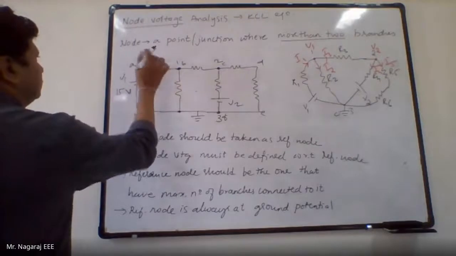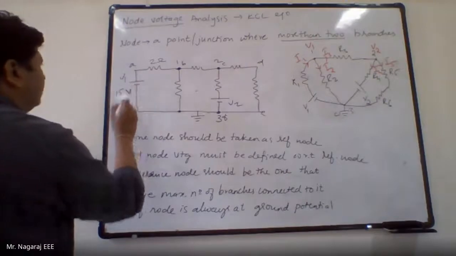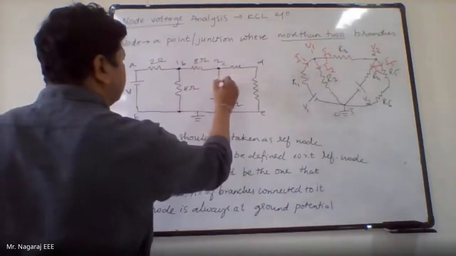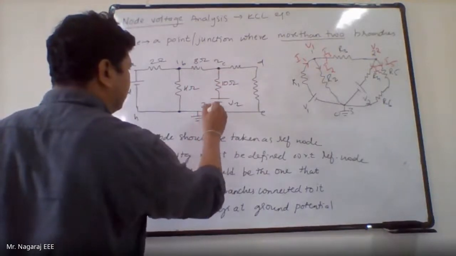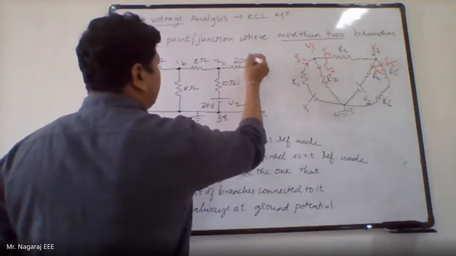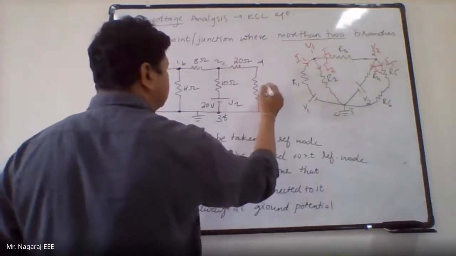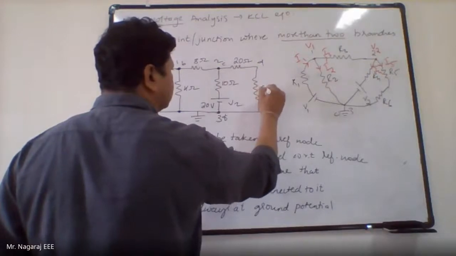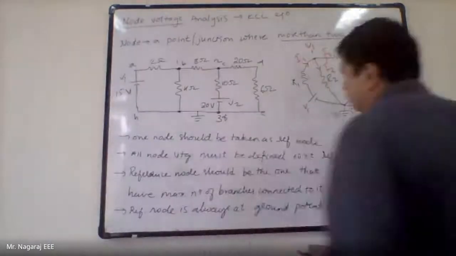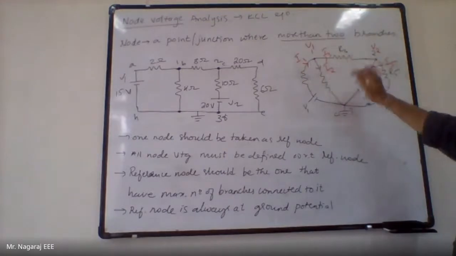Let me assign the values here: 2 ohm, 4 ohm, 8 ohm, 10 ohm. Let this be 20 volts, 20 ohm, and 6 ohms. Now instead of R1, R2, I will be writing the exact values.